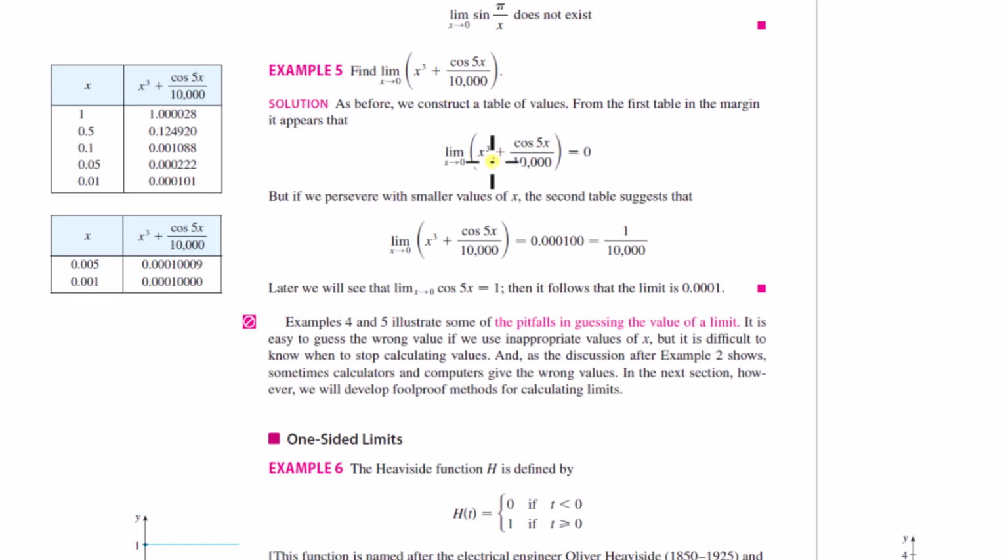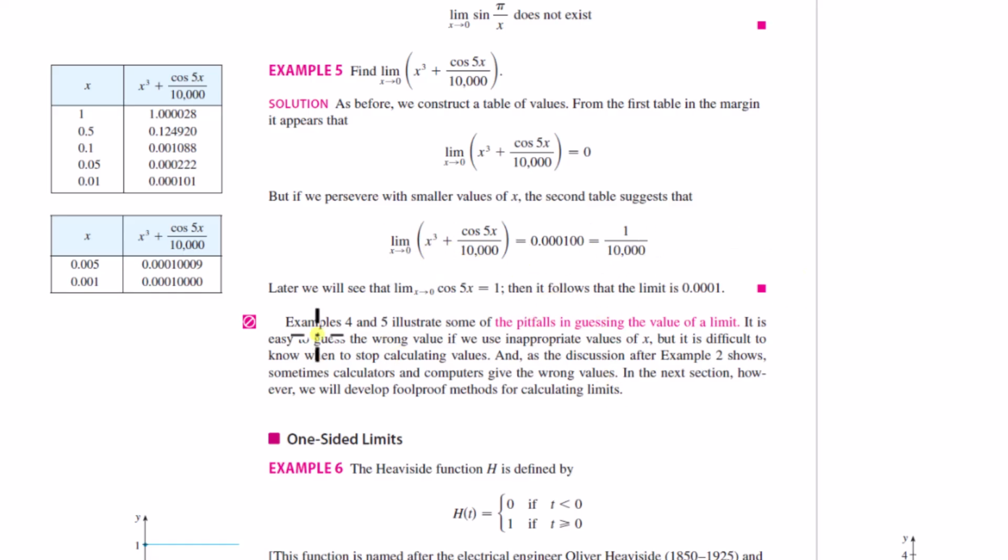So we might guess that this limit is equal to 0. But it says if we persevere with smaller values of x, we're actually approaching a really small number close to 0. We're actually approaching 1 over 10,000, which we'll see later when we learn more systematic techniques, that this limit is equal to 1 over 10,000.